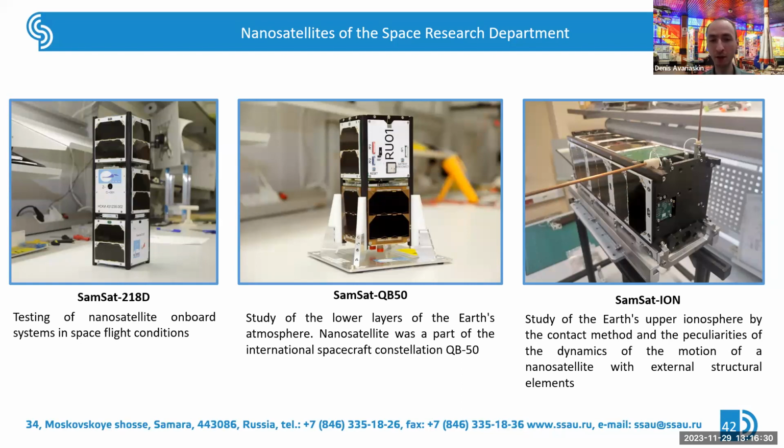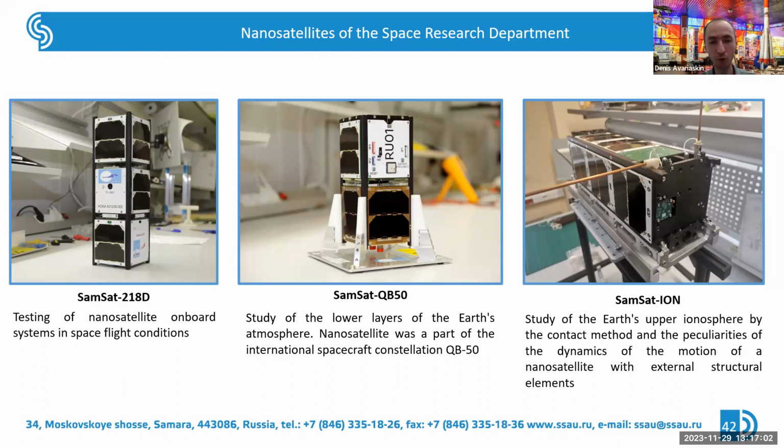Unfortunately, we made the satellite and we have tested it, but we haven't launched it into orbit. And the last one is SAMSAT Ion. This satellite was launched this summer, this year, into orbit. So now it is orbiting our Earth, and it was made to study the ionosphere.